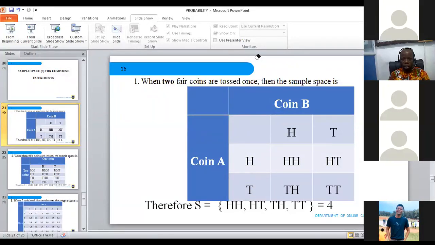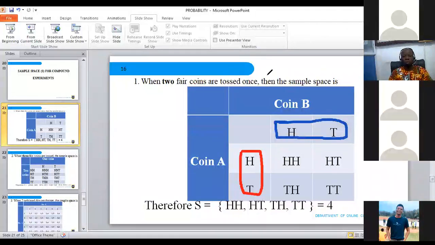Let me circle that. Head and then tail. Can you see that, Akiti? Yes, sir. Now, if I toss coin B, it is also giving me this result. Can you see that one too? Yes, sir. Good. And you know that if you toss 2 coins, you will get a result from the first one and the result from the second one.